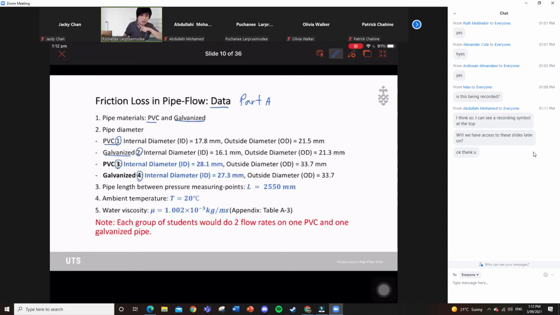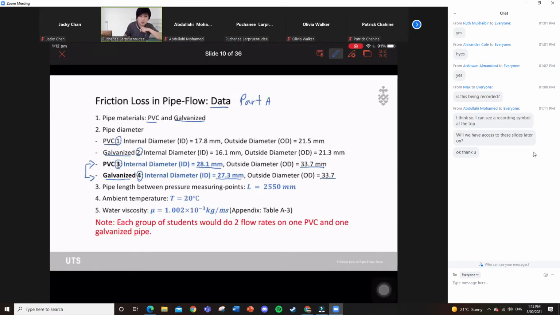We provide the data for you only for the big PVC and the big galvanized. For PVC, the internal diameter is 28.1 millimeter, outside 33.7 millimeter. For the galvanized, the internal diameter is 27.3 millimeter and the outside diameter is 33.7.